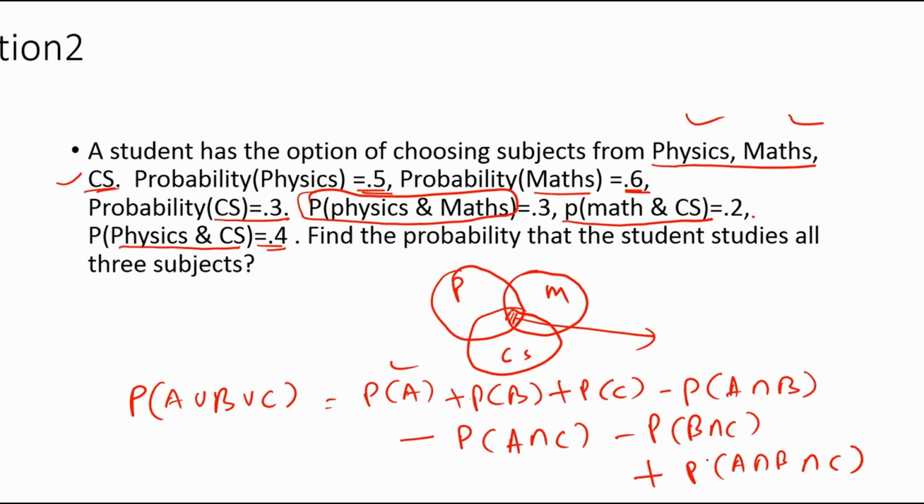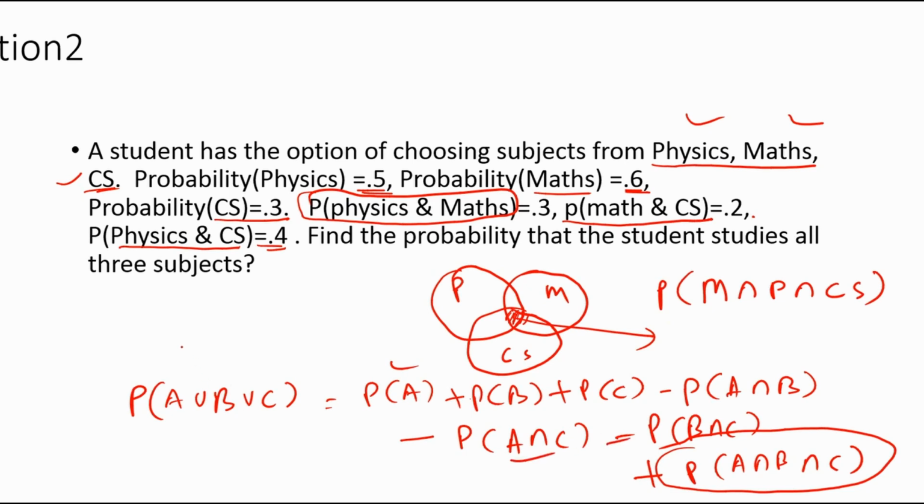Now we need to find out P of A intersection B intersection C, that means the probability of mathematics intersection physics intersection computer science, this common area. Okay, so we know all these values. We also know the left hand side, right? P of A union B union C would be 1.